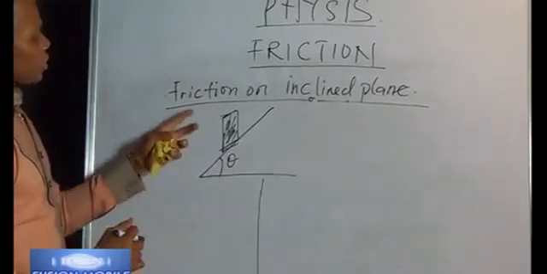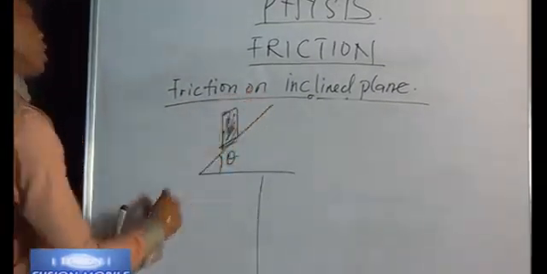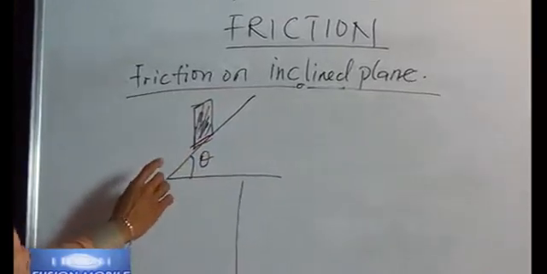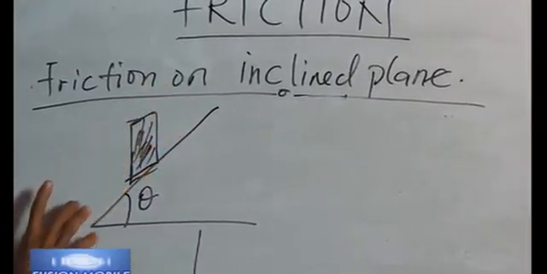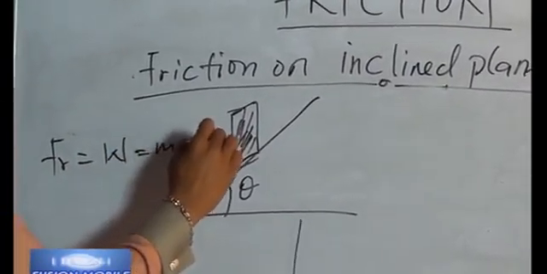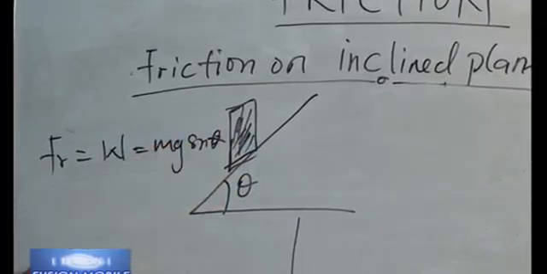Talking about friction on inclined plane, we just finished the case where this body is neither sliding nor going up. And the conclusion there is that frictional force is equal to weight on the plane, which is the same thing as mg sine theta. That case has been settled.